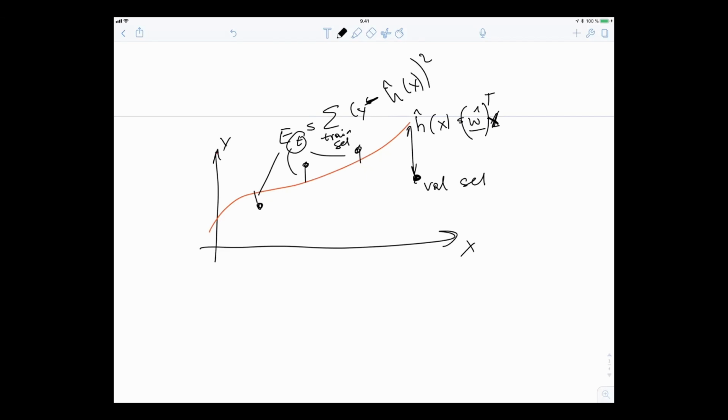And this is very different from the validation error. Here we compute the average squared loss over a validation set that has not been used for choosing or tuning this hypothesis h hat. But again, we compute the squared error.